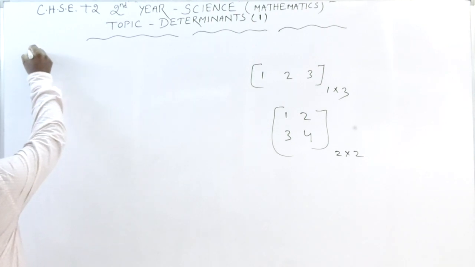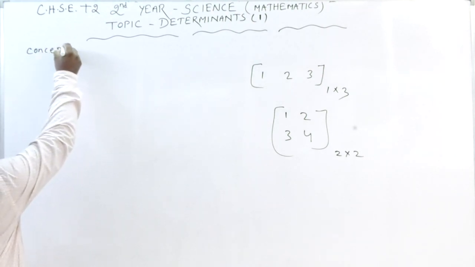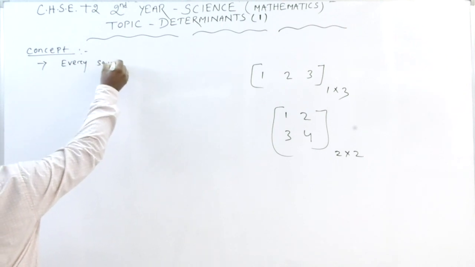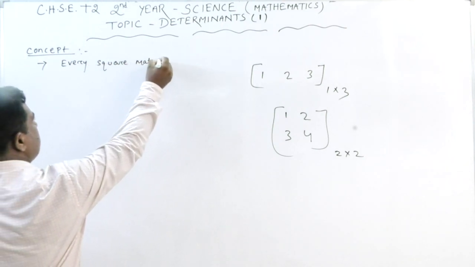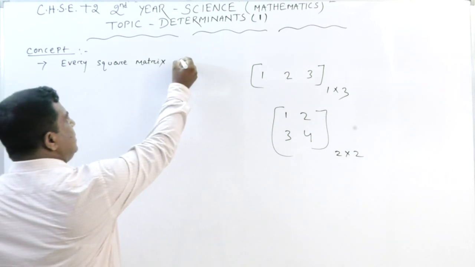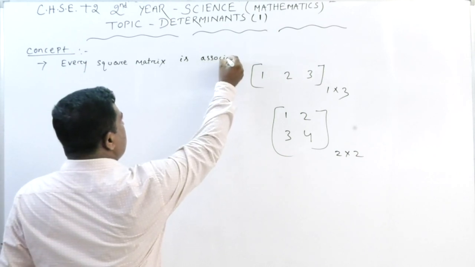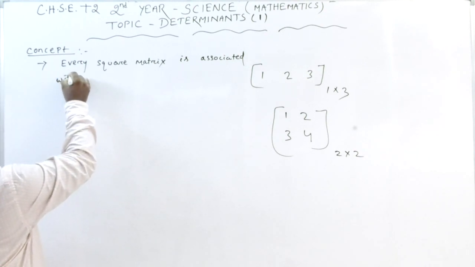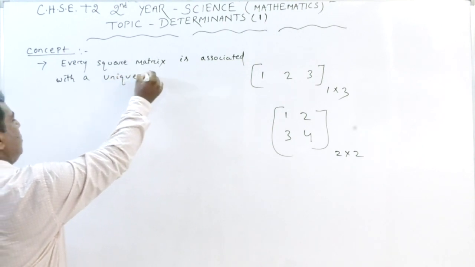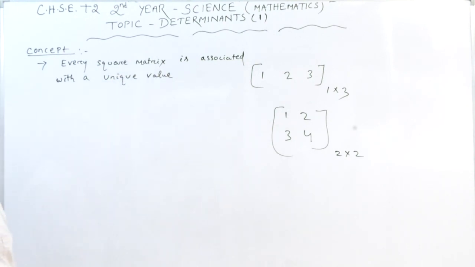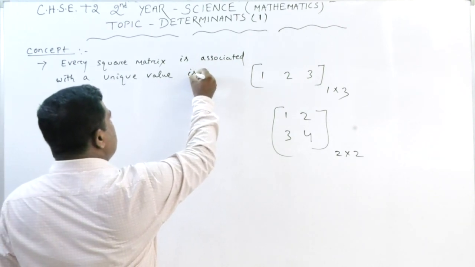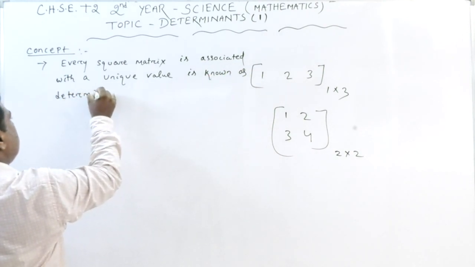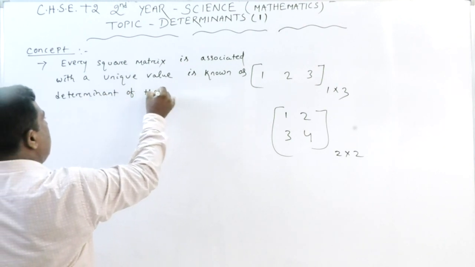So, the introductory concept of determinant: every square matrix is associated with a unique value, which is known as the determinant of the matrix.